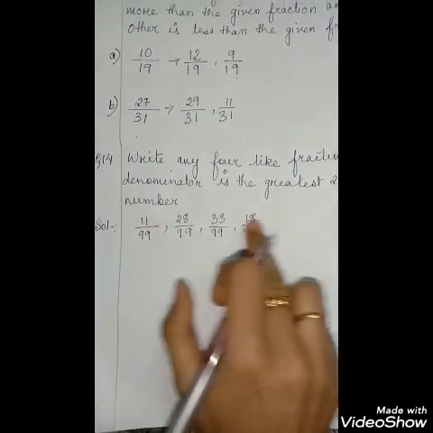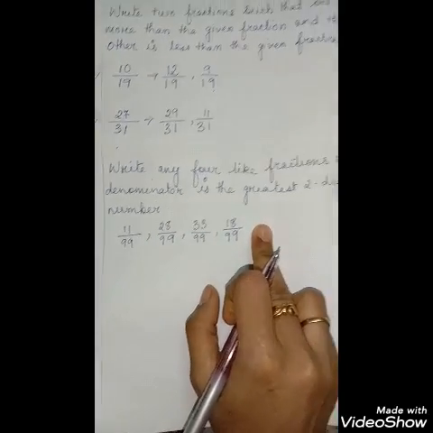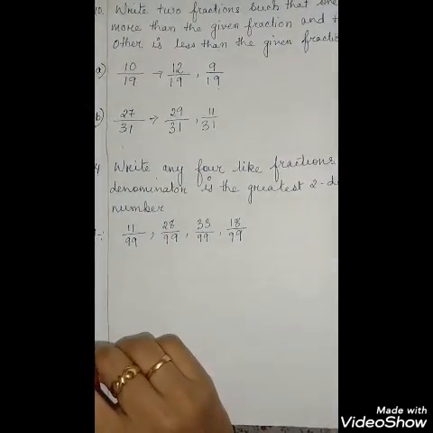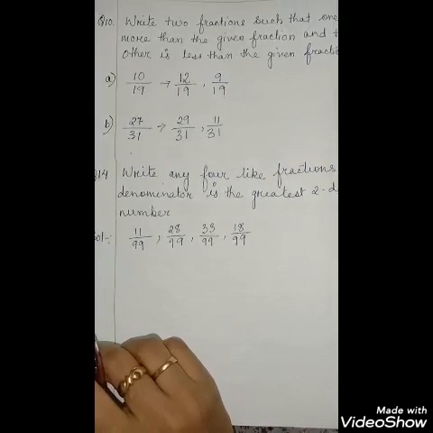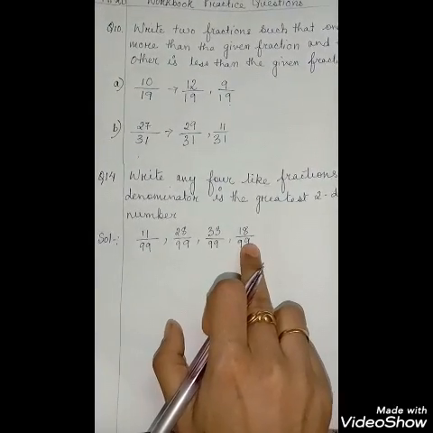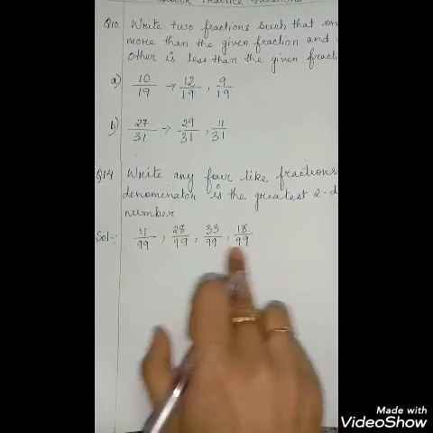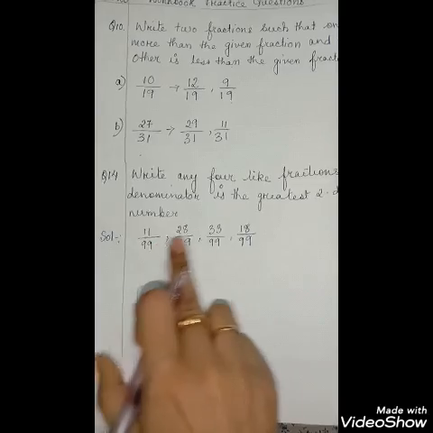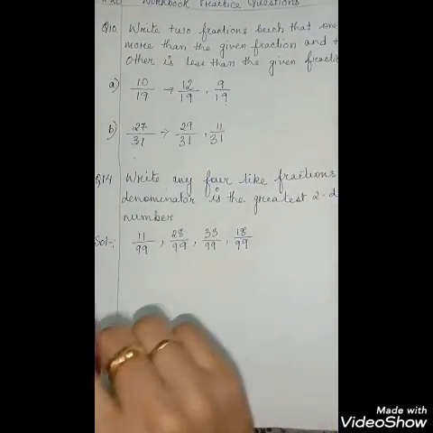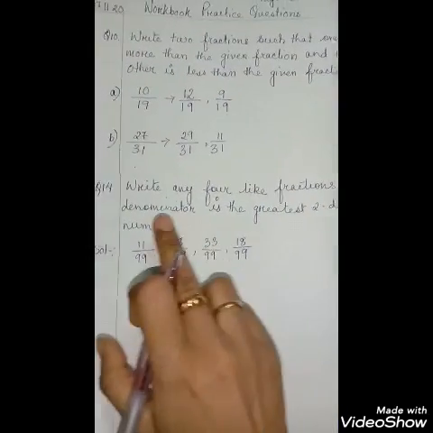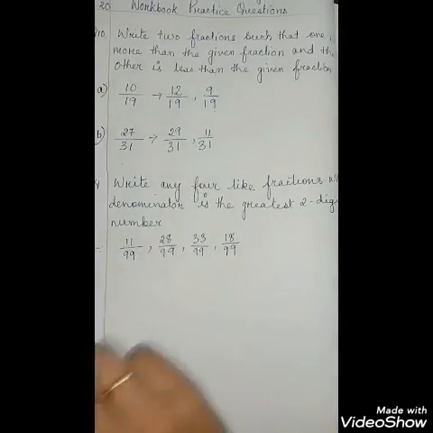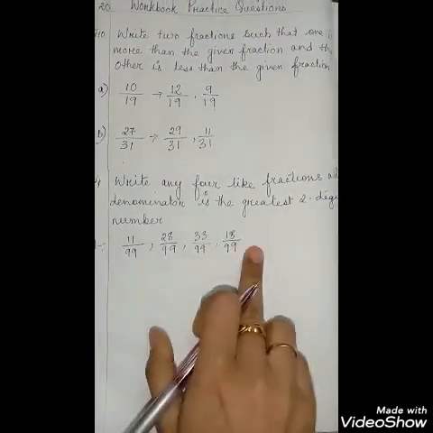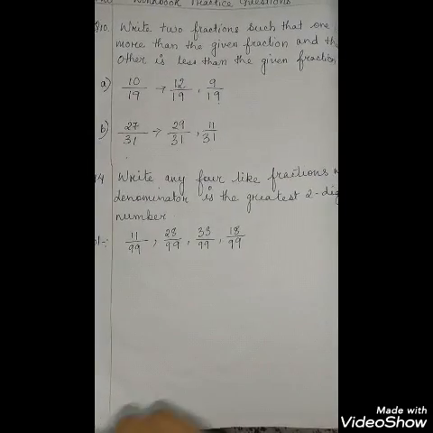So these are all like fractions whose denominator is the greatest two-digit number. Got it, children? See, these are like fractions because the denominators are the same. So the denominator is the greatest two-digit number, 99. So we have written four like fractions. Done?